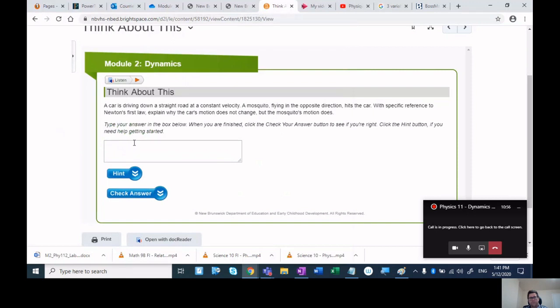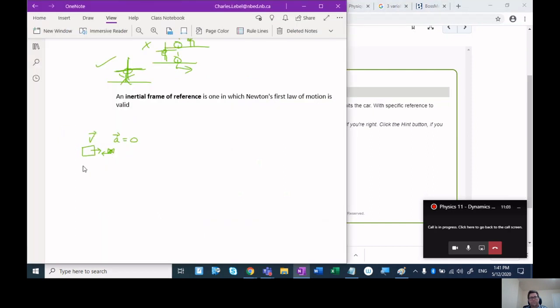Specific reference to Newton's first law, explain why the car's motion does not change. Mass 1 is much greater than mass 2. Therefore, the inertia of 1 is also much greater than the inertia of 2.